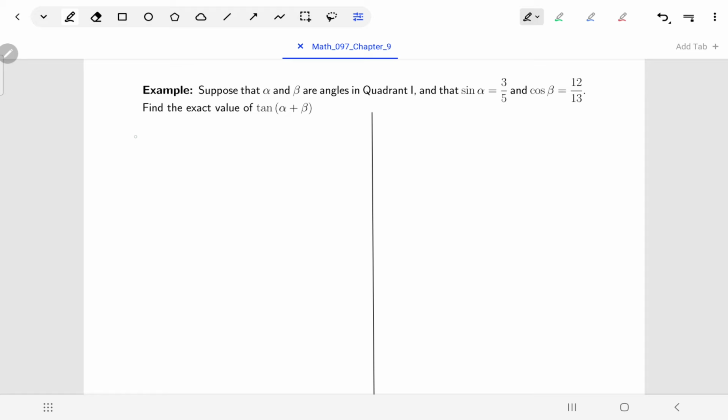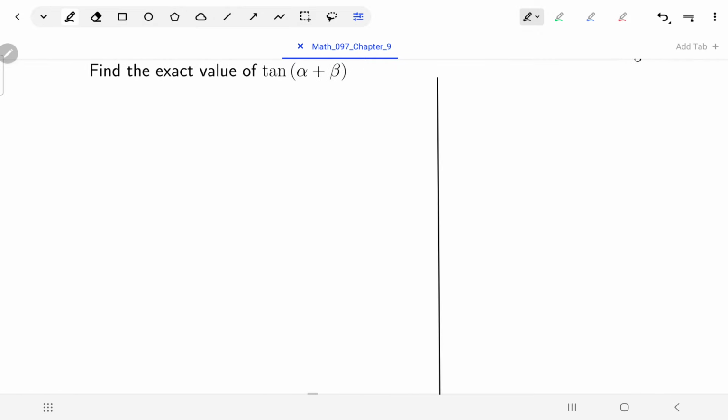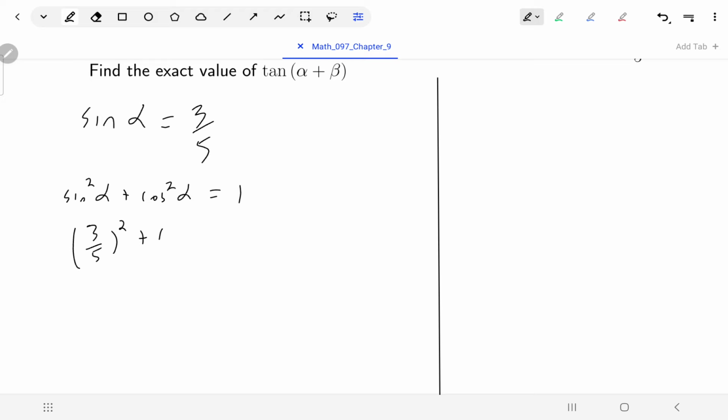So let's start with this. I know for sine of alpha that it's 3/5. And I need to know what is cosine of alpha, and so I'm going to use my Pythagorean identity here. I know that sine squared plus cosine squared is 1. And I know sine of alpha is 3/5. So I'm just going to do this to solve for cosine squared alpha.